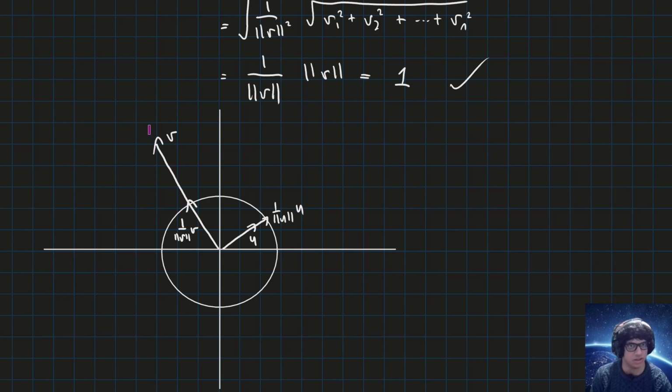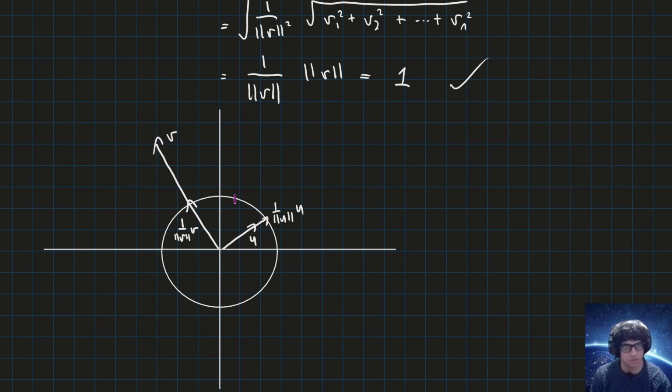And here we had to shrink v to get it on the unit circle. Here's a vector u, and when I normalize it, I stretch it so that it's on the unit circle here. Okay, and we can do that with any non-zero vector in the plane. We can get it so that it's on the unit circle of length 1.